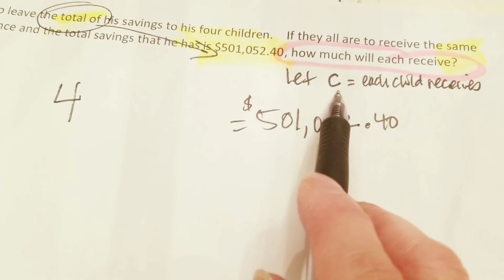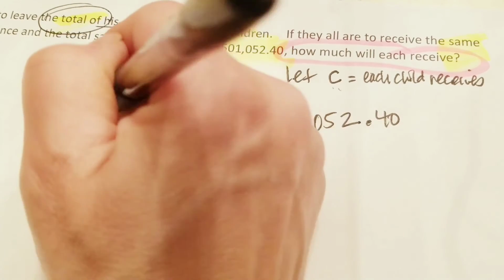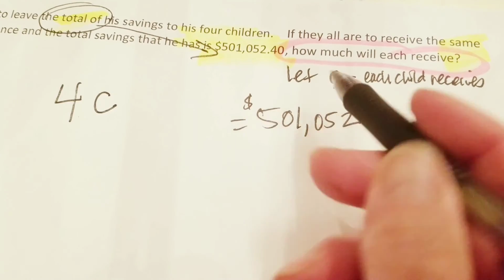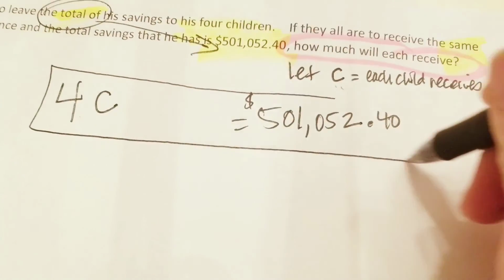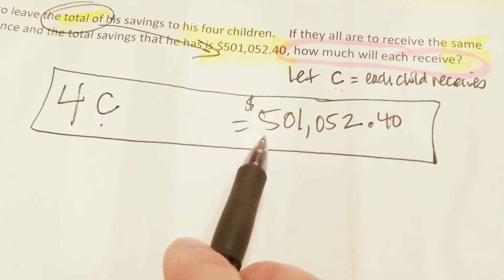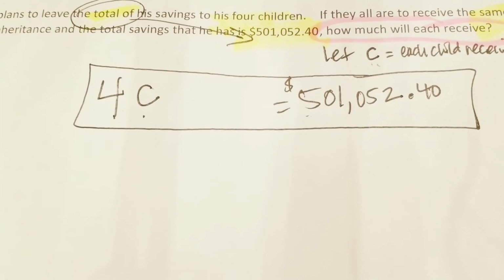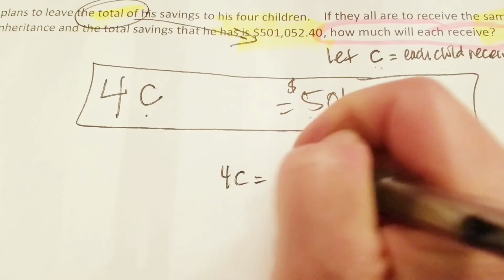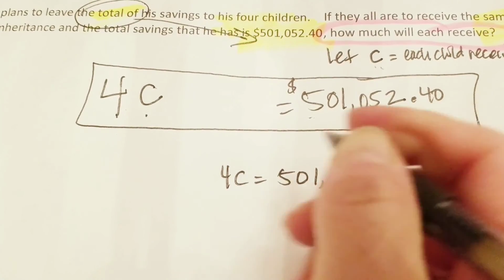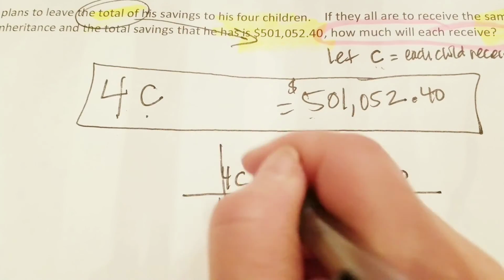So, since we know that it's going to be divided by 4, we will choose 4C equals $501,052.40. And let's solve for C. Divide by 4 on both sides to get C all by itself.